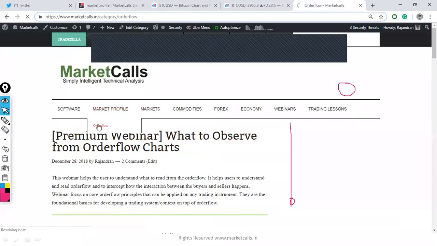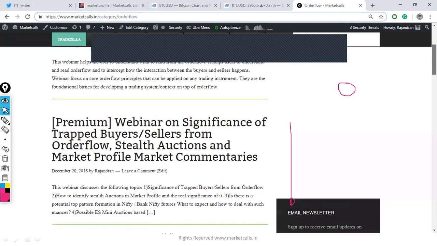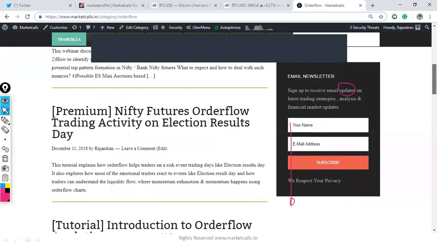So we talked under order flow, in one of the community webinars which we did under order flow. We talked about Nifty futures trading activity, Nifty futures order flow activity on election results.